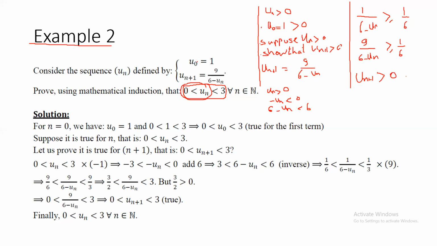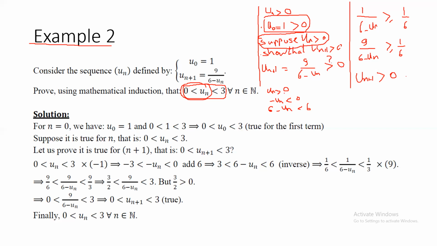First step, it is given that u0 equal 1, which is greater than 0. Suppose that un is greater than 0. Step 3, I have to prove that un plus 1 is greater than 0. un plus 1 is 9 over 6 minus un. I have to prove it is greater than 0.